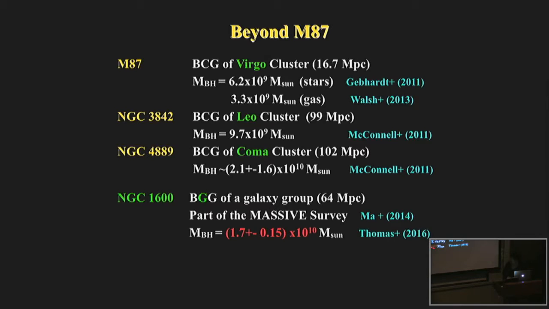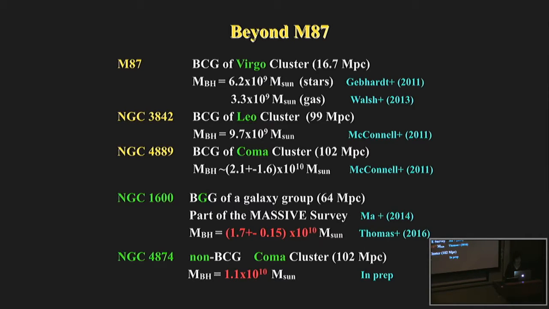I'll show you the environment momentarily. And we are now working on the twin of the Coma cluster's central galaxy, NGC 4874, the second brightest galaxy in the Coma cluster. And now we have a preliminary black hole mass measurement of 11 billion solar masses.